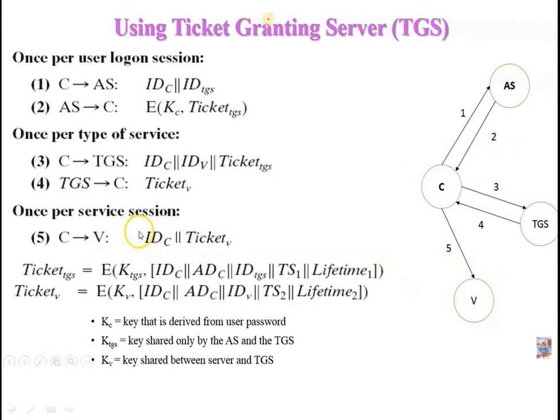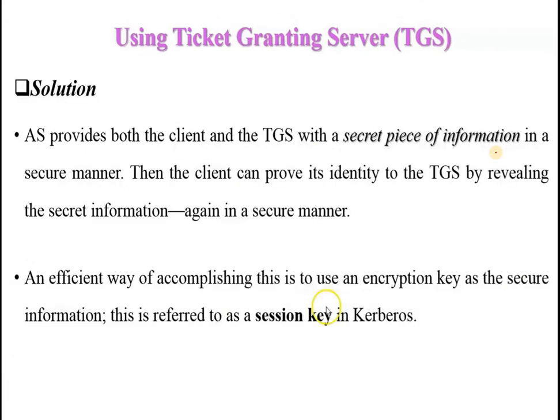Hence the solution is that, along with the ticket, we need to send a small, secure piece of information to the client in a secure manner. Then the client will send that secure piece of information to the TGS. If the attacker attacks that secured piece of information, he can't do anything with it. So TGS will receive it, and the client will get authenticated.